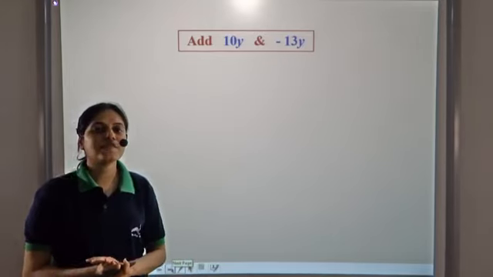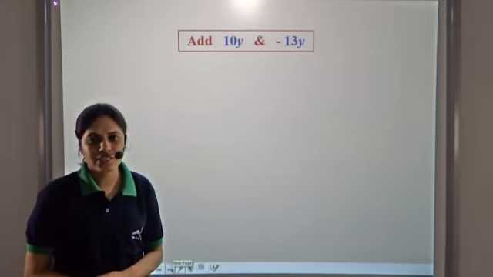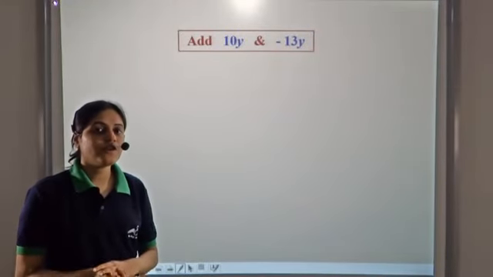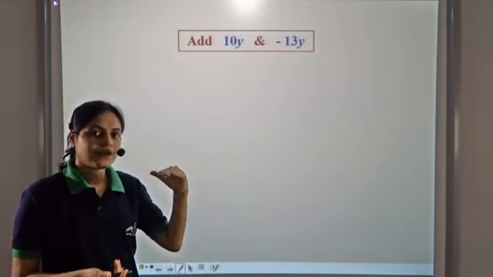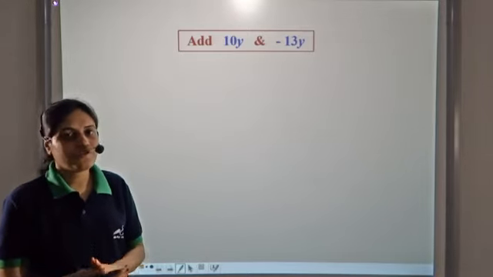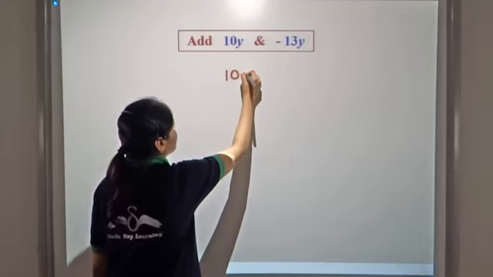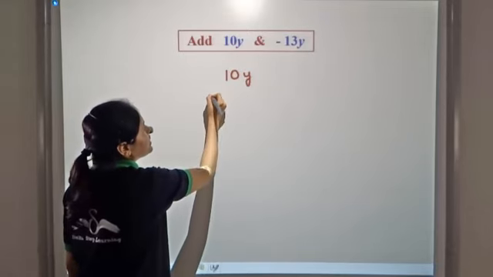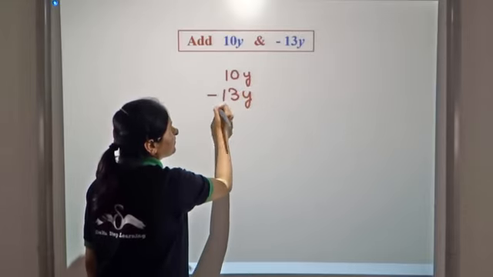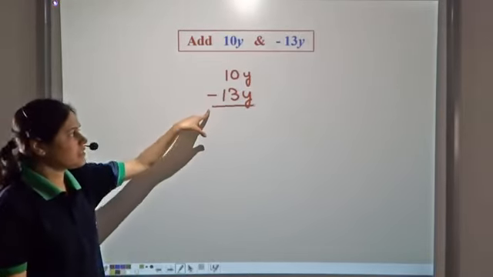Now let us add 10y and negative 13y. So initially, when we had learnt addition, we used to write the terms to be added in columns and add them. We'll do the same now. So we write 10y and negative 13y. So these are like terms.